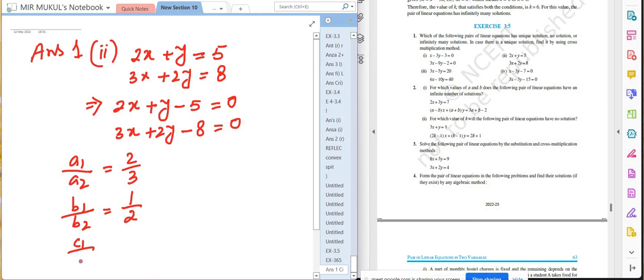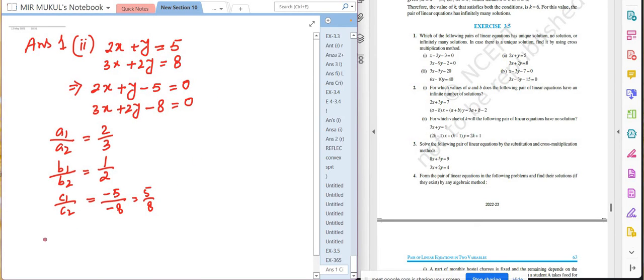And c1 by c2: minus 5 by minus 8, so 5 by 8. If you find it, also no problem. So clearly we can say, therefore a1 by a2 not equals b1 by b2.